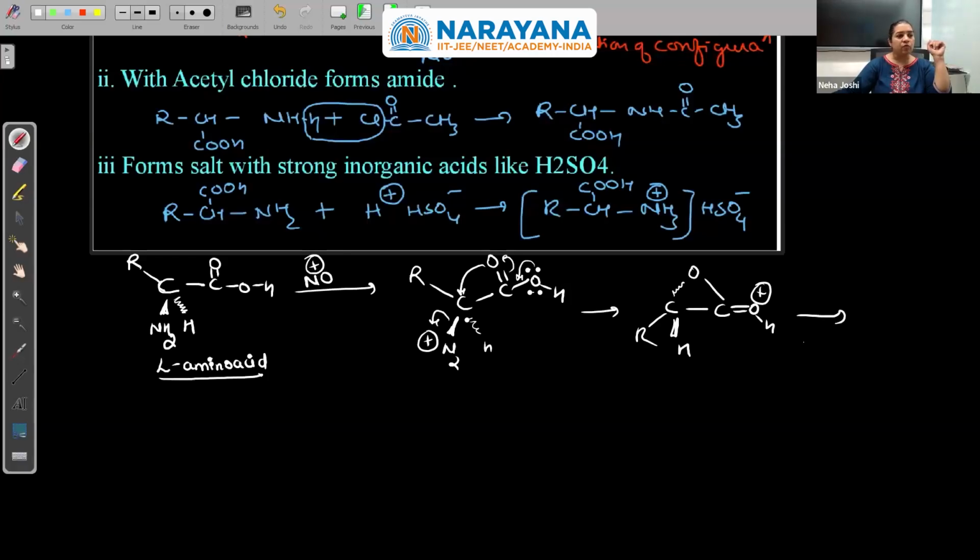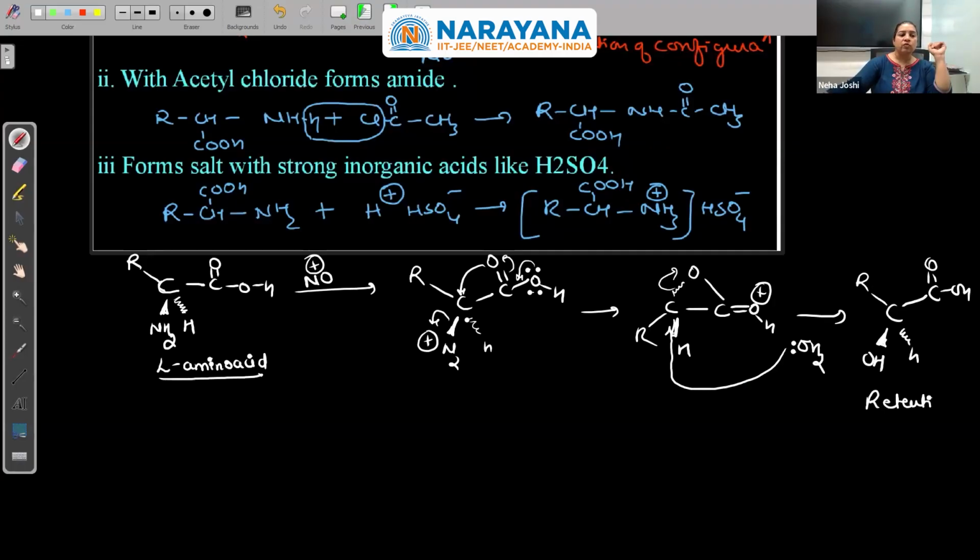When again water, OH2 comes, it attacks, goes back. So again things fall in place and OH takes its place, H takes its place, and COH is gone. So retention of configuration. This is what we are saying.